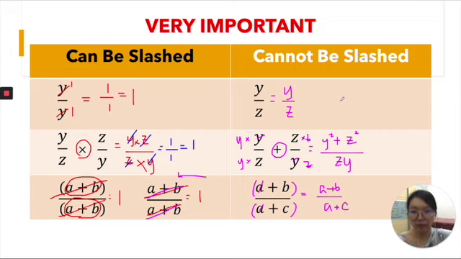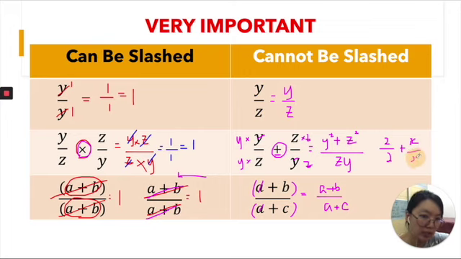So on the left, if you have multiply, that is very flexible. Top and bottom have the same thing, slash them off. On the right, if you have plus, be very careful. You cannot slash them off. If you have plus, the only thing you can slash them off is when they have 2 divided by 2 plus x divided by x.